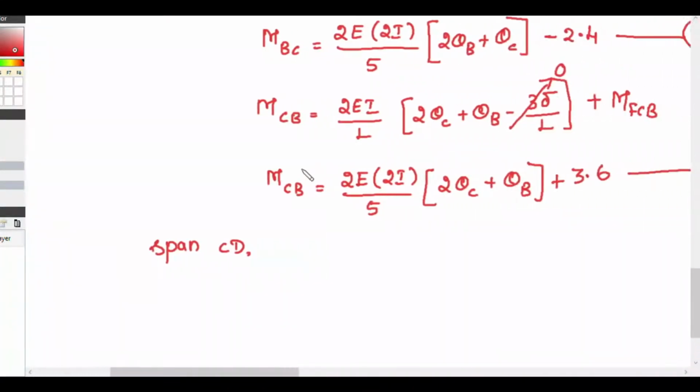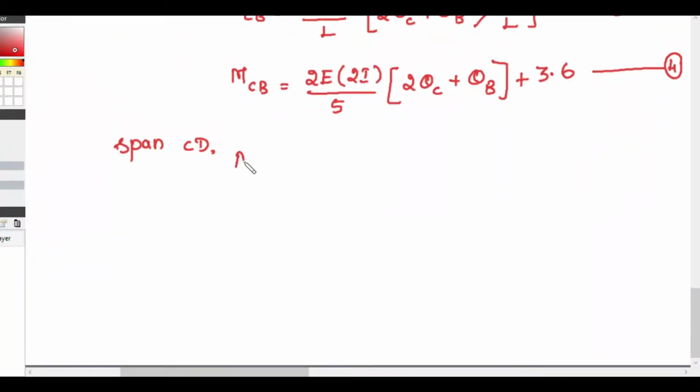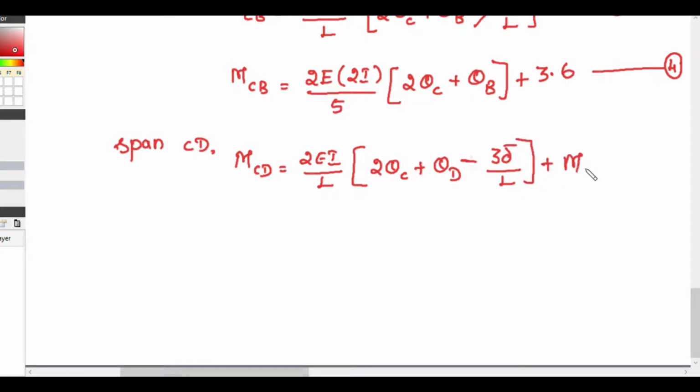So for span CD, MCD is equal to 2EI by L into 2 theta C plus theta D plus minus 3 delta by L plus MFCD. So MCD is equal to 2EI is I, so I by 5. Span length is 5.